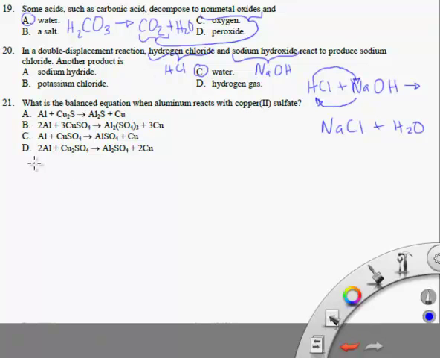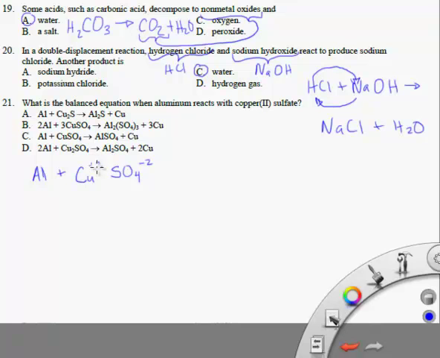What's the balanced equation when aluminum reacts with copper(II) sulfate? All right, so we've got aluminum, which will react with copper(II) sulfate. Copper(II) is +2, and sulfate is SO4 with a -2 charge. That is the sulfate ion. We'll need one of each of those.